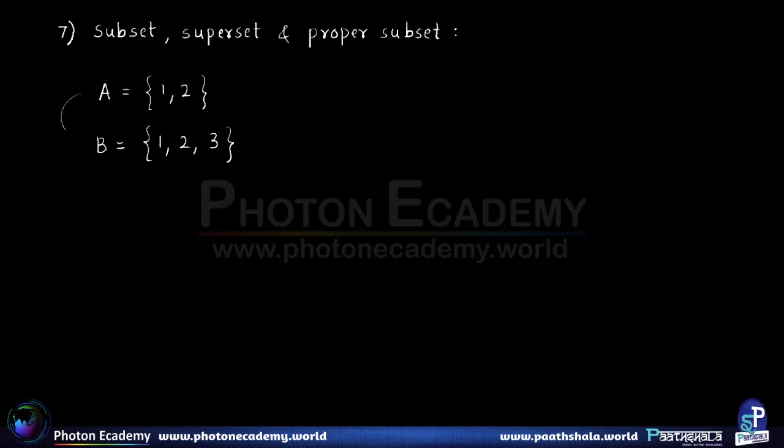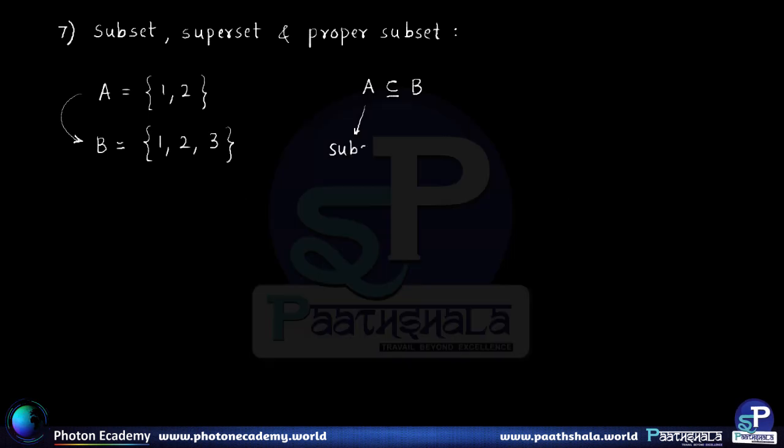Here we see that all elements of A are present in B. Therefore we call that a subset, and the subset is denoted in general by this symbol, that is, A is a subset of B. So A is the subset of B and B is called the superset of A. So it's a pair of a subset and its superset.